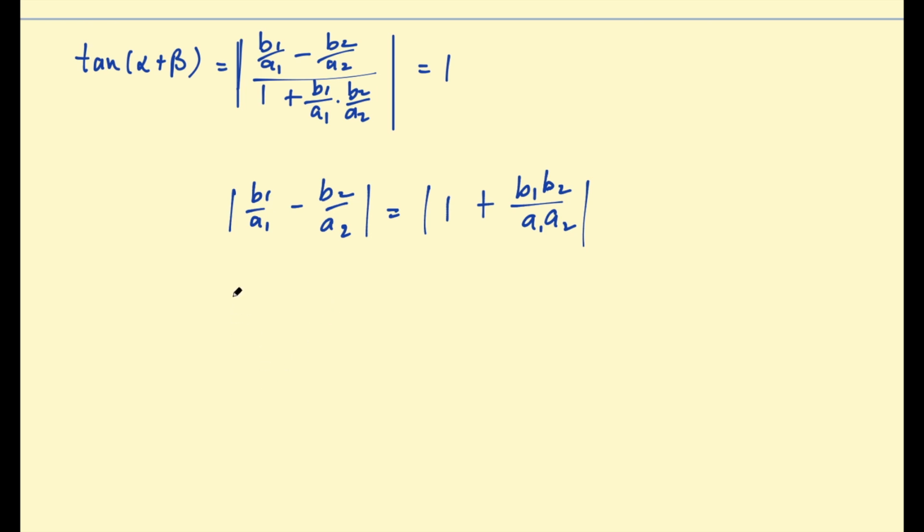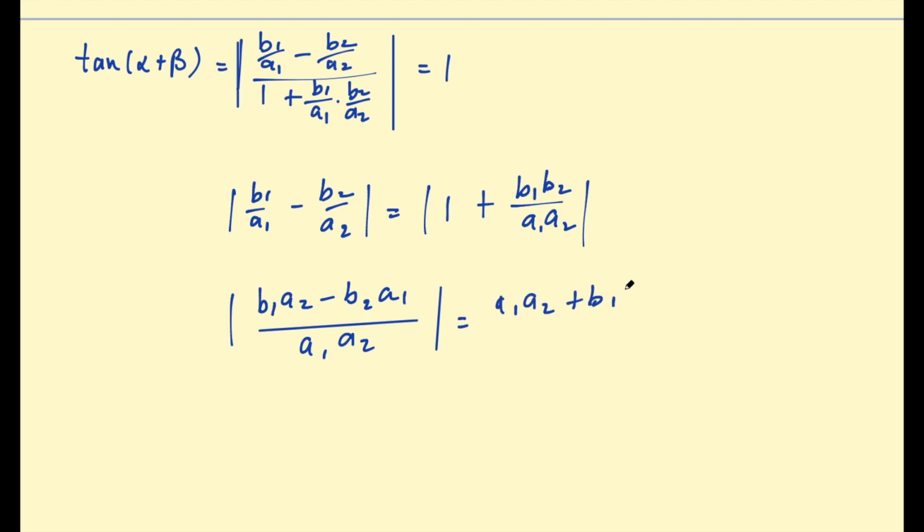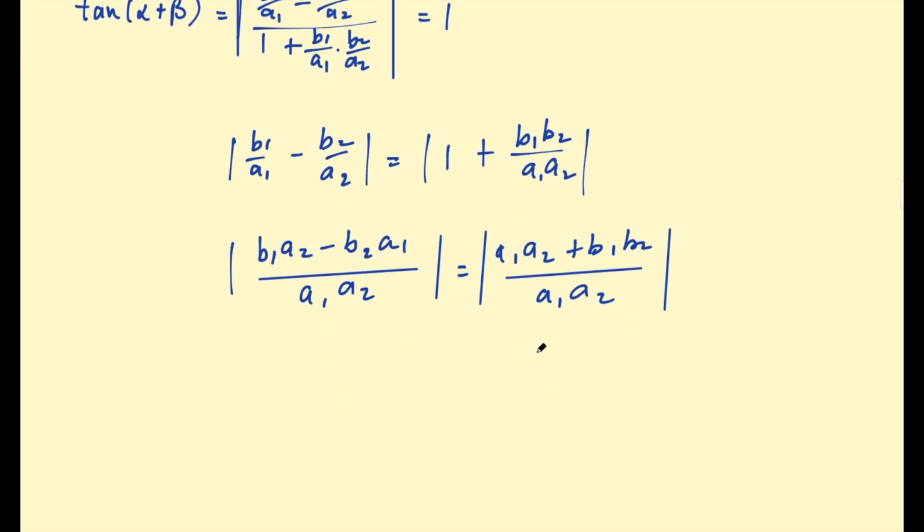Combining the fractions, we get B1 A2 take B2 A1 over A1 A2, and then A1 A2 plus B1 B2 over A1 A2. This is always the absolute value. Then because we have the same denominators, we can get rid of those.